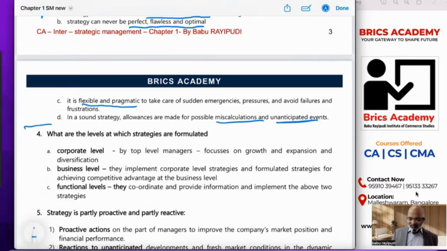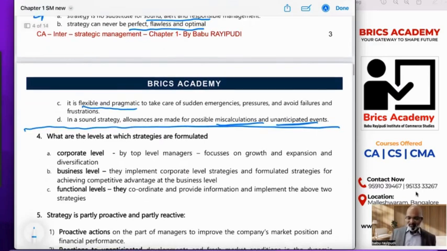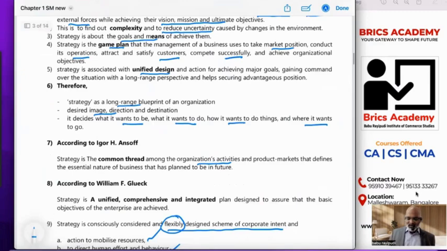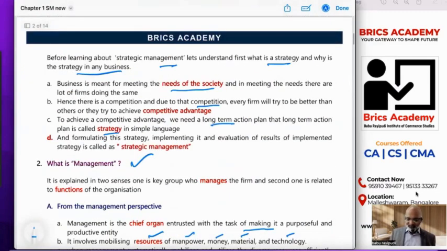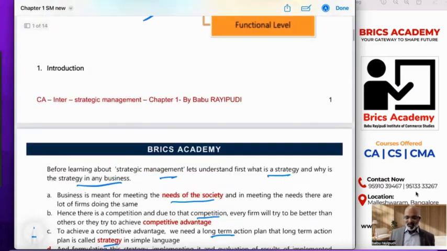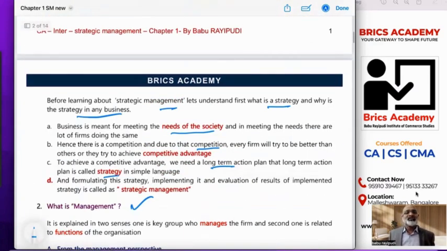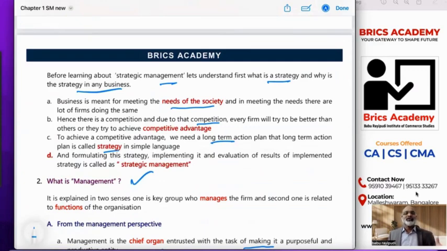Let's have a recap of what exactly we discussed today. If you look at the first page, this material will be given to you once you're a student of Brics Academy. Don't worry. First, introduction: a business is all about meeting the needs of the society. While meeting the needs of the society, you are not alone in the market. There are a lot of people doing the same business, which is called having a competition.